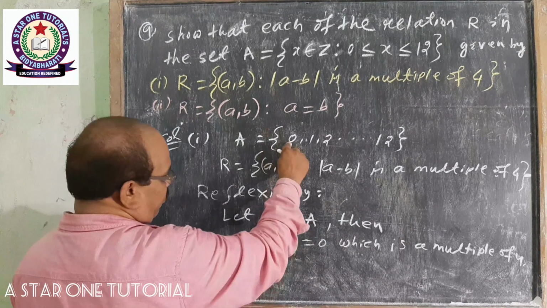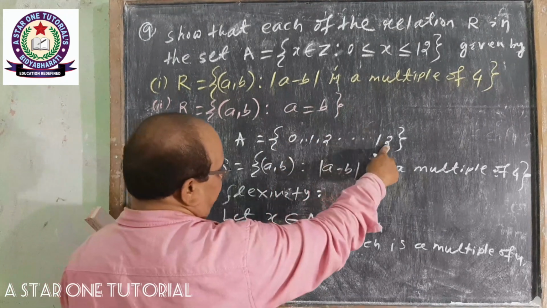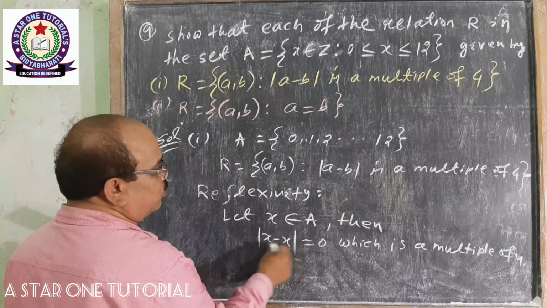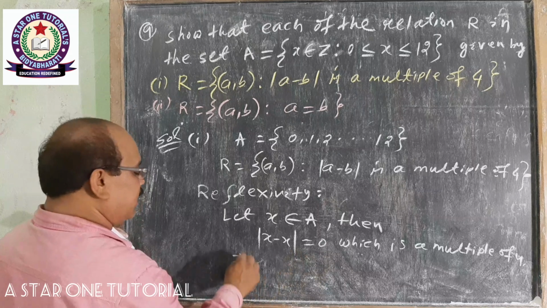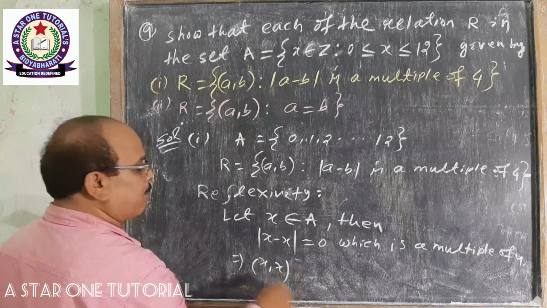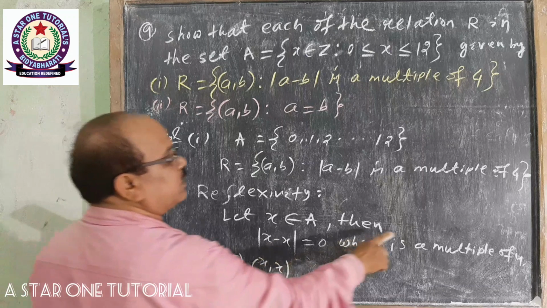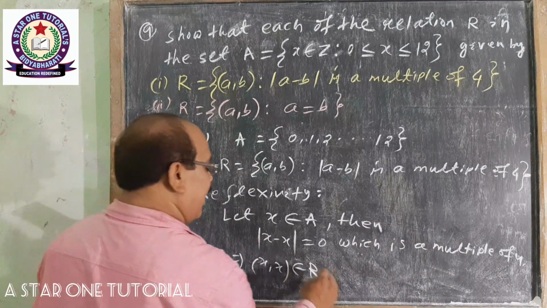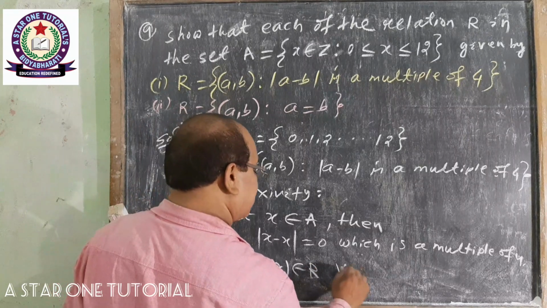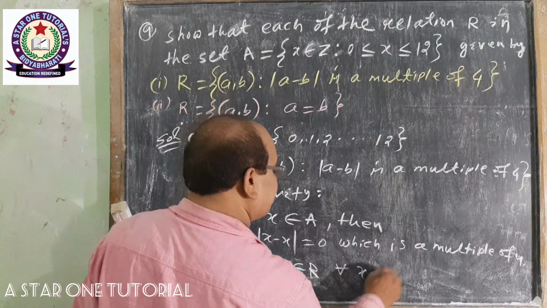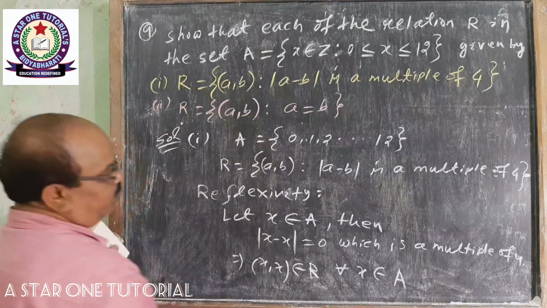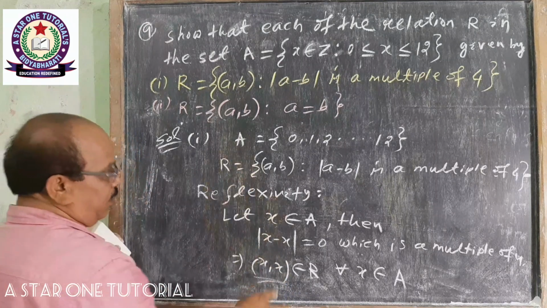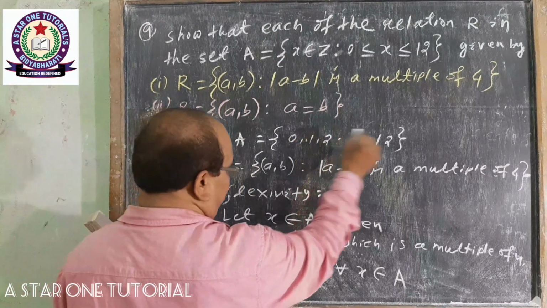Here you see that x is an element of the set A, means the value of x may be 0, may be 1, may be 2 or may be 12. That means here we can write (0,0) or (1,1), (2,2), (3,3) up to (12,12). So that implies we can write the ordered pair (x, x). Since mod of x minus x is equal to 0, which is a multiple of 4, we can write that the ordered pair (x, x) belongs to R, and this stands for all x belonging to the set A. We have written only one pair here, but this one pair represents 13 pairs: (0,0), (1,1), (2,2) up to (12,12).